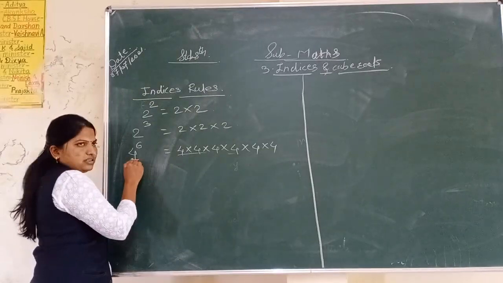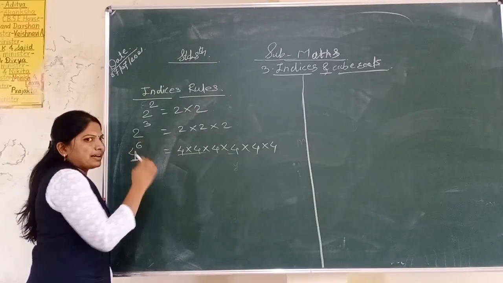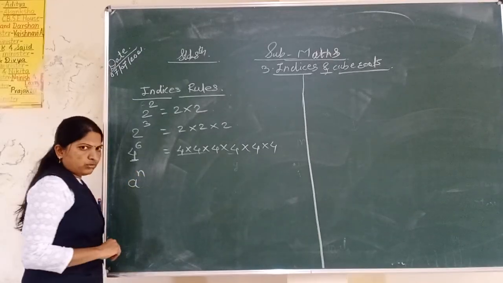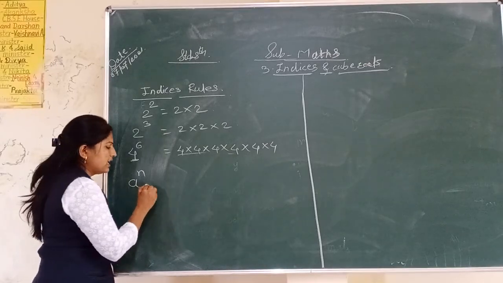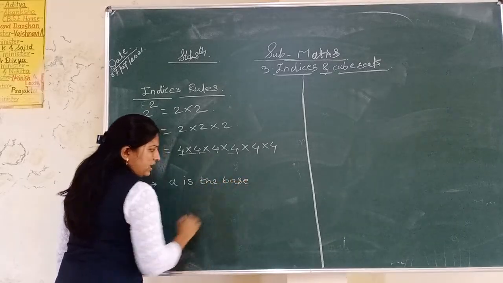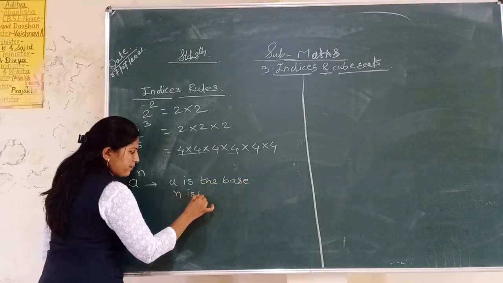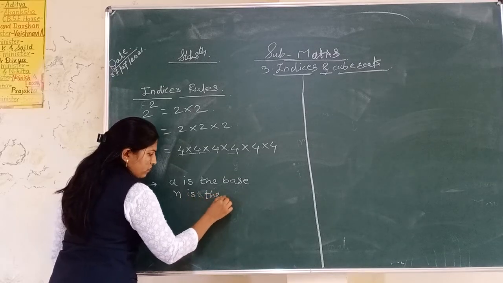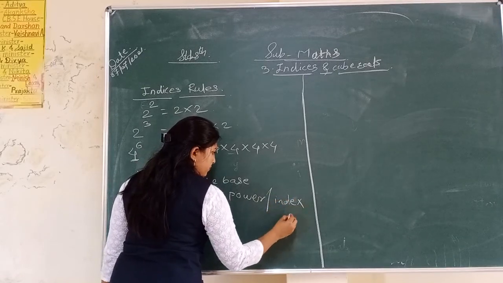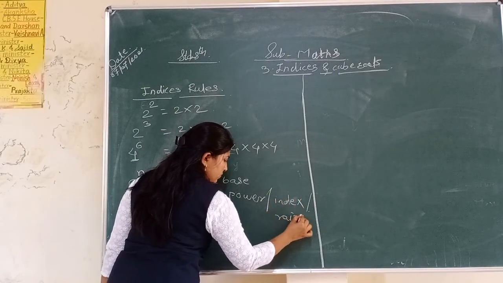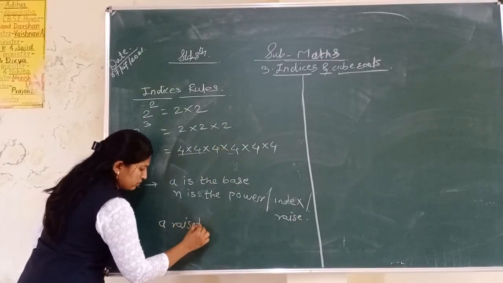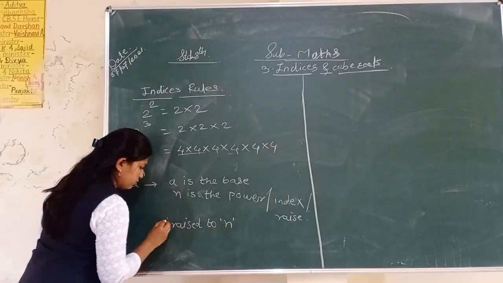This is the base, and this is the raise or power or index. If a raised to n is your example, then a is the base and n is the power, index or raise, and reading is a raised to n.